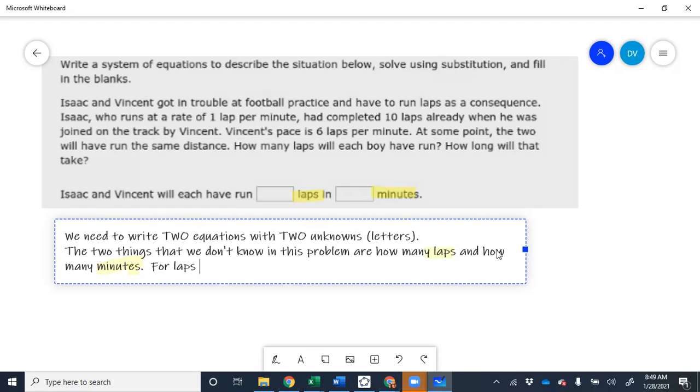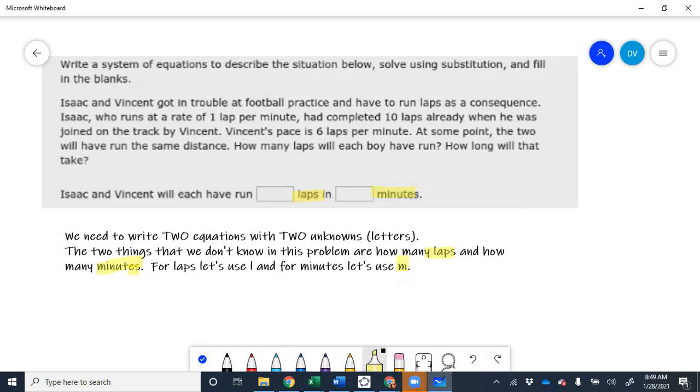That doesn't look like an L, it looks like a 1, but for laps, let's use L, and for minutes, let's use M. Okay. All right, let me highlight those also. M and L. All right.